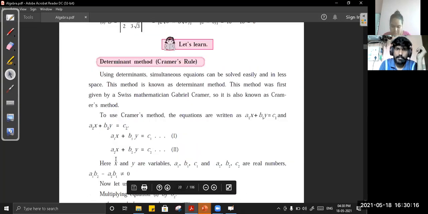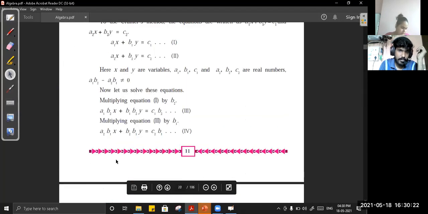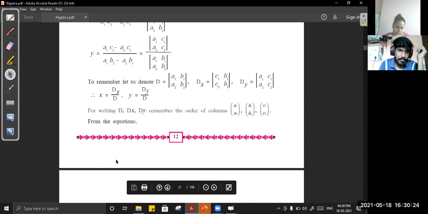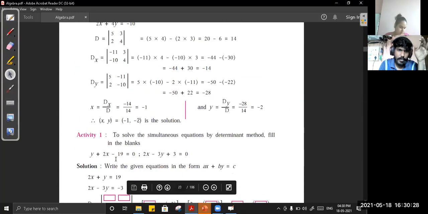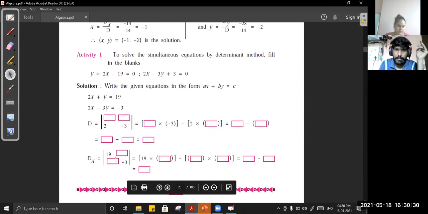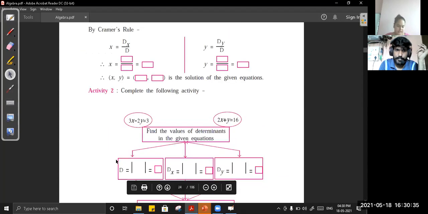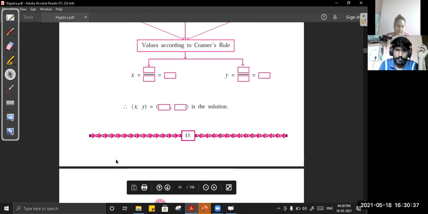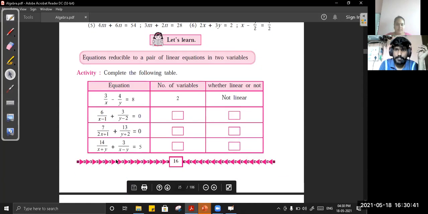Cramer's rule activity, this one. There was one activity in the sum, I guess. No, that one we've done on page 14, right? Yeah, on page 16, that we'll do now.